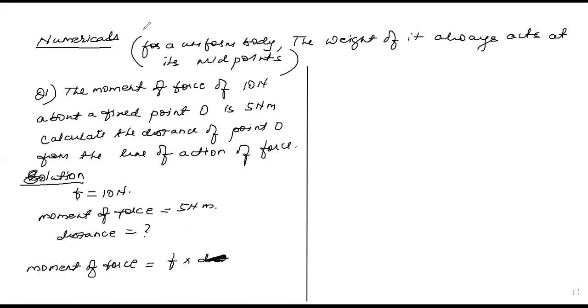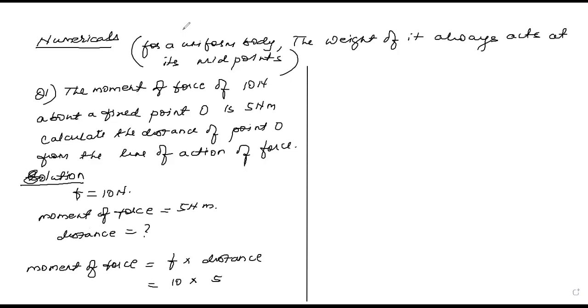I just call it distance. It's the perpendicular distance of the force from the axis of rotation, whatever you call it. Force is 10 Newton and moment of force is 5 Newton meter.